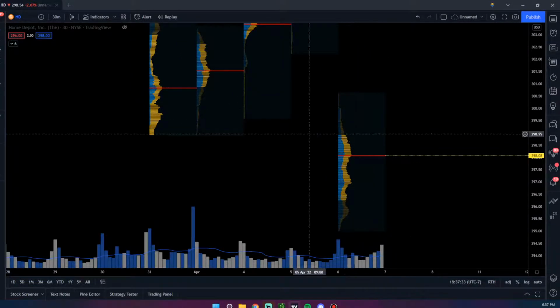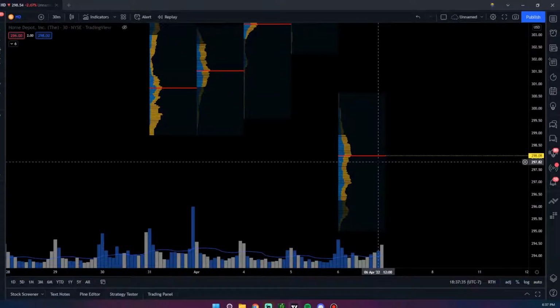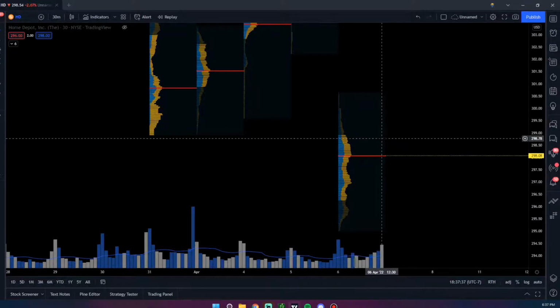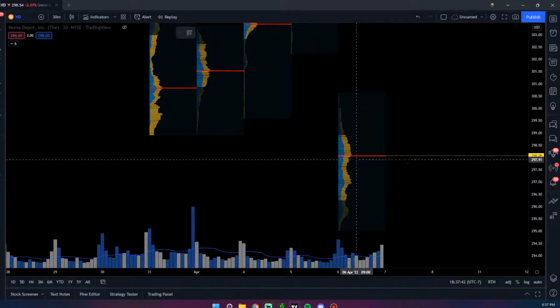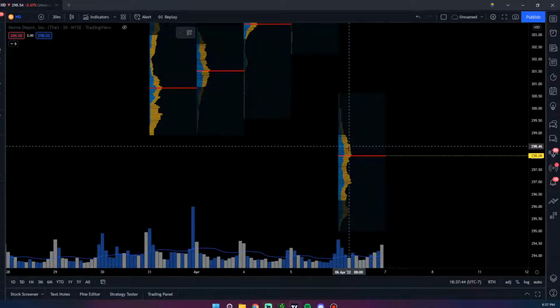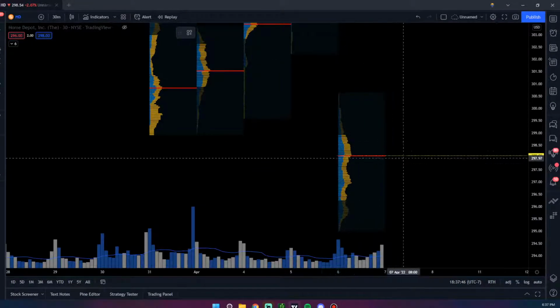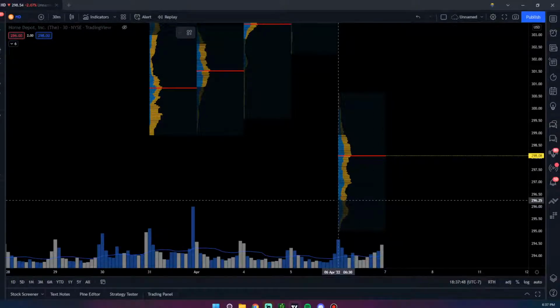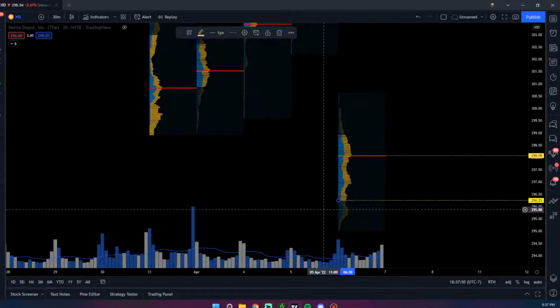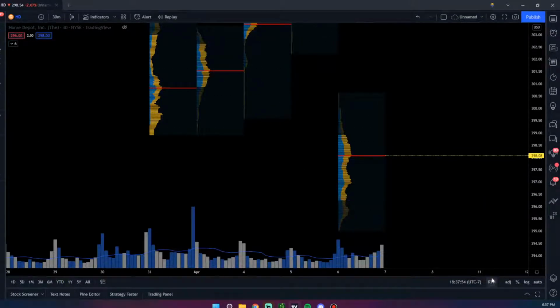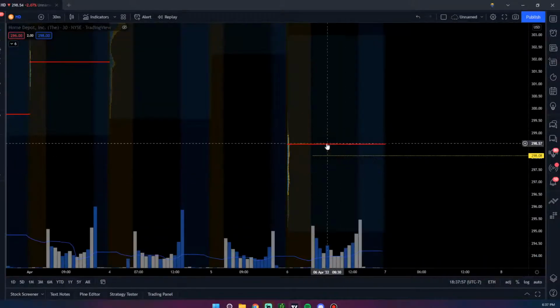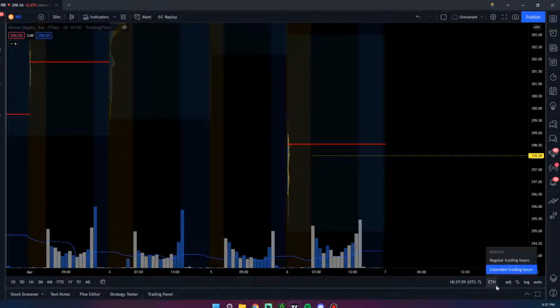But like I said, most of the time they don't move on or off, but in this instance, they did. If they move far enough apart, like let's say HD had a POC here with extended trading hours off and a POC down here with extended trading hours turned on, I would actually plot both of them. But for me, this one's close enough that I'm not going to plot both of them.